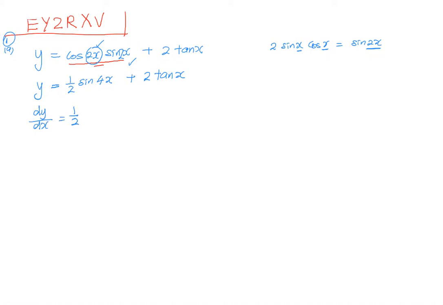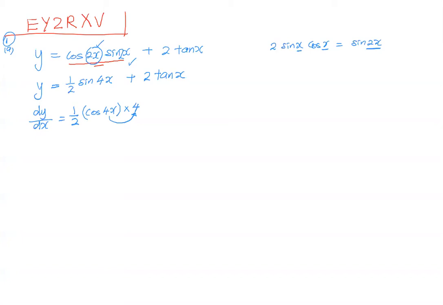When you differentiate sin, what do you get, Ashley? 4 cos 4x plus 2 sec square x. Cos 4x times 4. Ashley, you missed out something? Times 4.